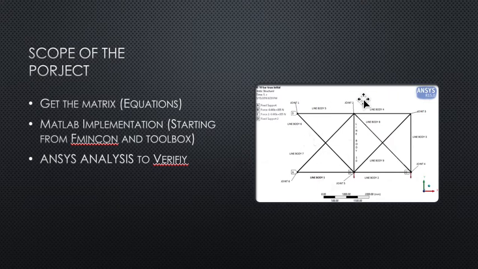So this one is just a simple ANSYS interface. We just put those structures in it and apply the force, apply the constraint, and one should be able to see how the displacement works and how the stress distribution works along the whole structure.